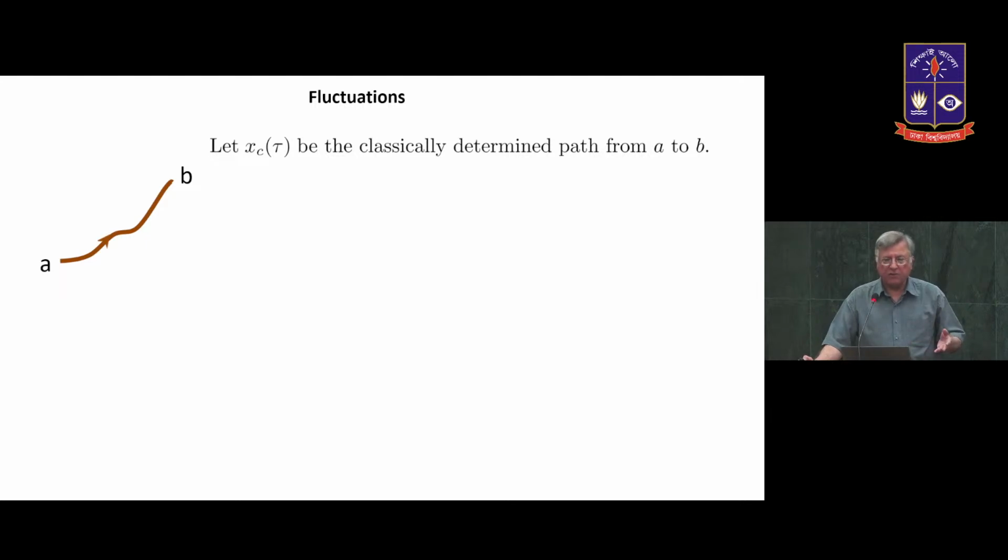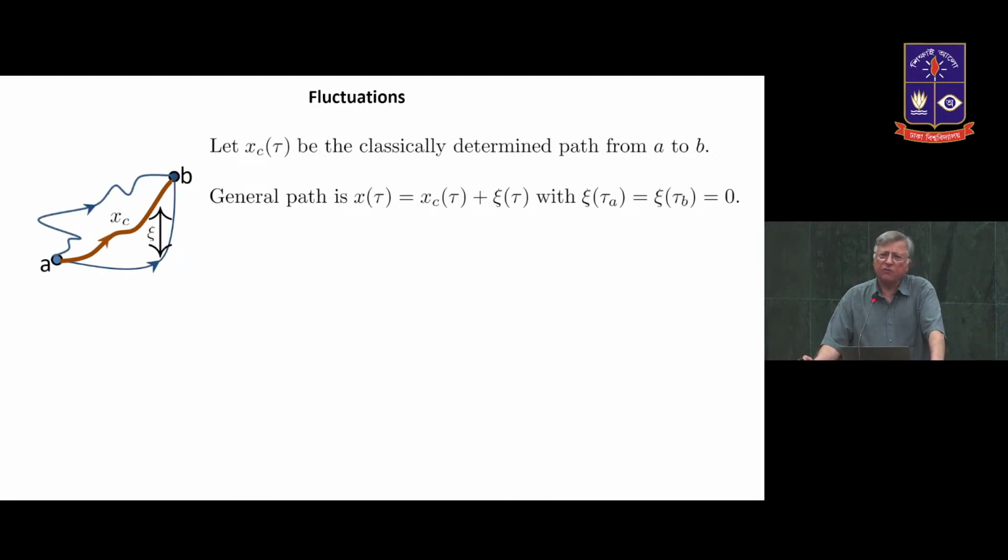And so the most general path will be this, where the fluctuations vanish at the end points. Therefore, take the action and expand it in a functional Taylor series. A functional Taylor series is just like the series that you have for expanding functions, just 10% more complicated.